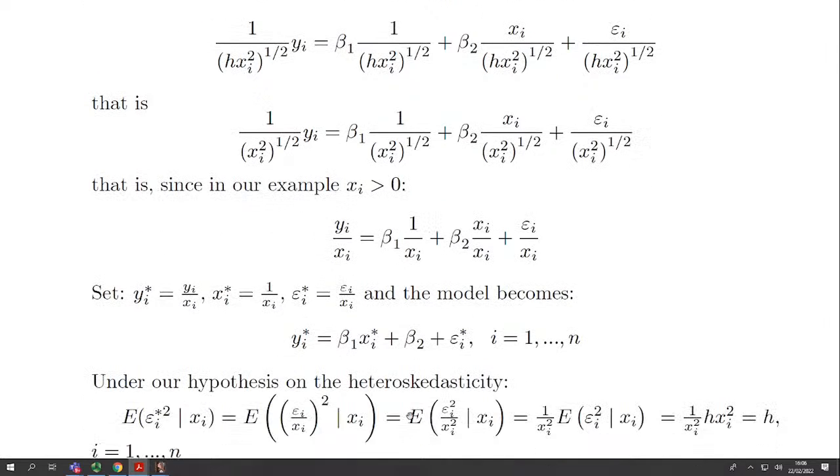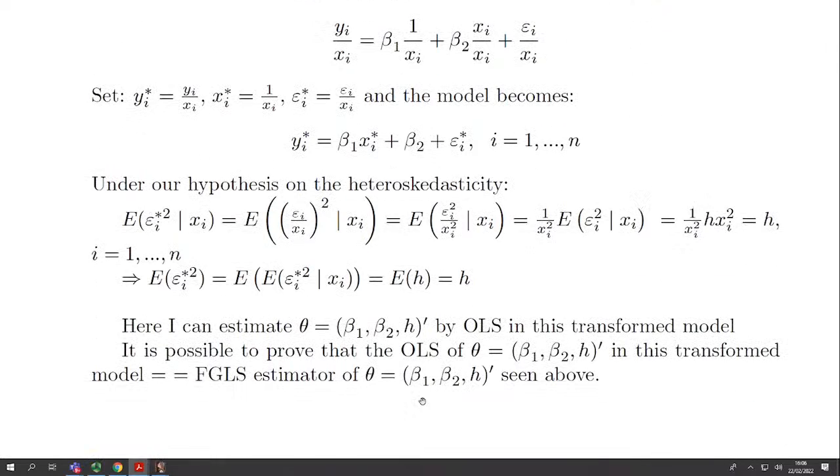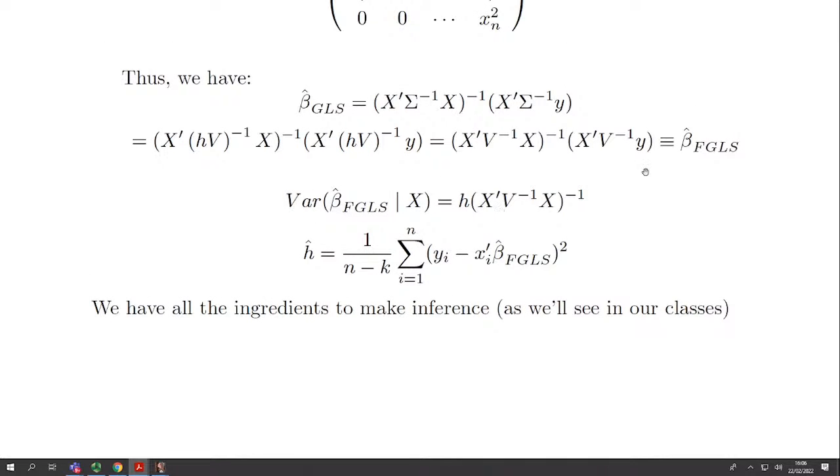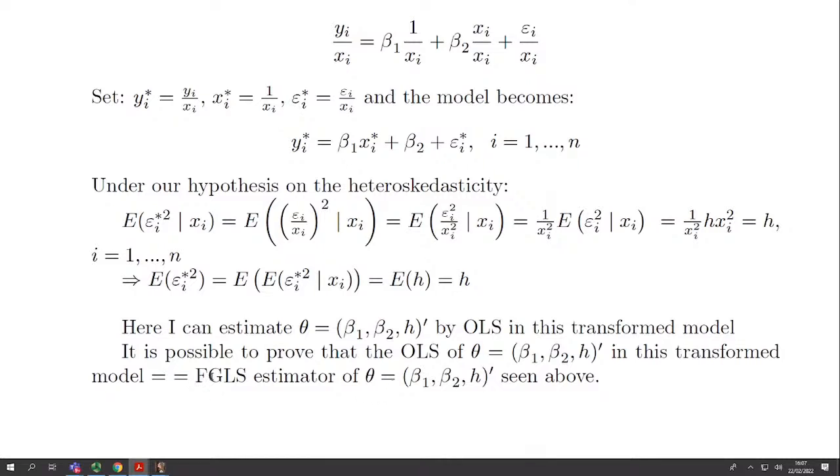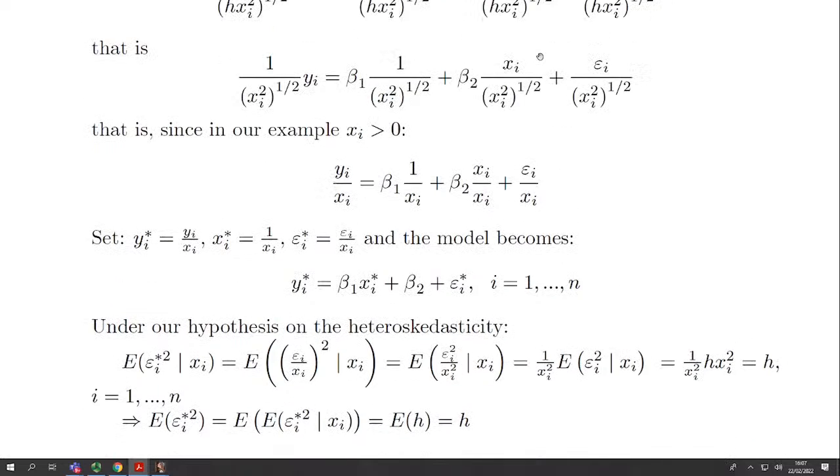And let me make a final statement: what is the relationship between the feasible GLS you saw before and what you are doing with this transformation? The answer is that it's possible to prove, but you need some algebra, that the OLS estimator you get from this transformed model is the same as the feasible GLS you got before.